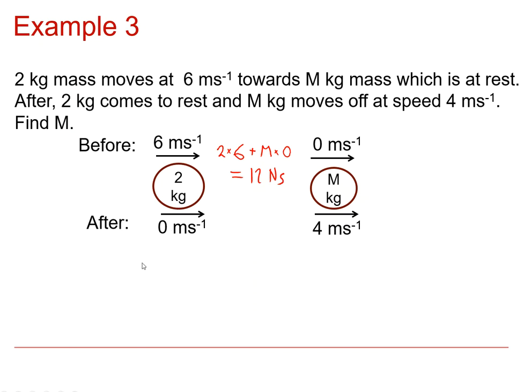Then after the collision, the momentum of this particle is 2 times 0, and the momentum of this one is m times 4. And by conservation of momentum, that must be equal to the initial momentum of 12. And so we can easily then from there see that m must be equal to 3 kilograms.